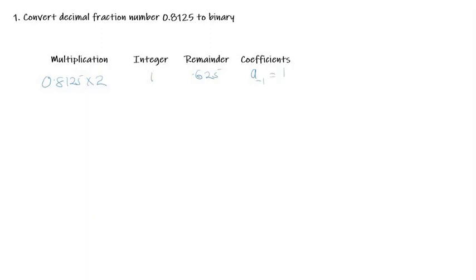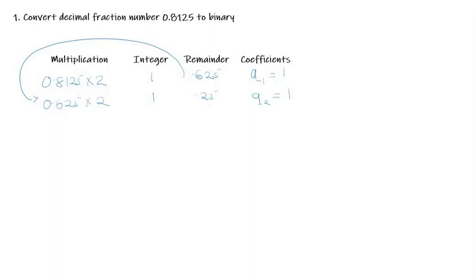Then I'll carry this remainder again here and perform the same multiplication. So this is 0.625 multiplied by 2, which gives me 1.25. I write the integer 1, then the other side is 0.25. Therefore, the coefficient a minus 2 is equivalent to 1.